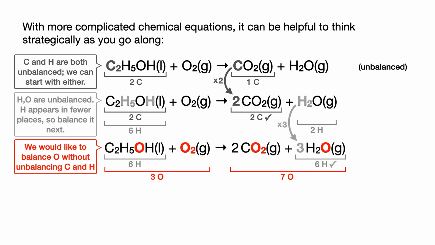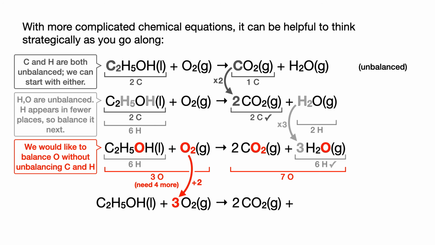So instead of thinking about multiplying, notice that we've got 7 oxygens on the right, we have 3 on the left, and so we need to have 4 more oxygen atoms on the left side of this chemical equation. And one way that we can do that is if we add 2 more oxygen molecules.